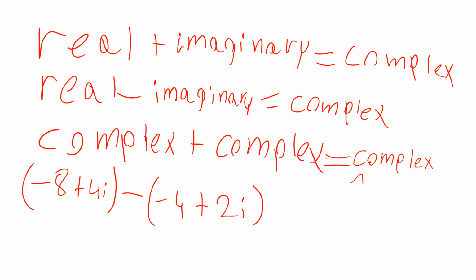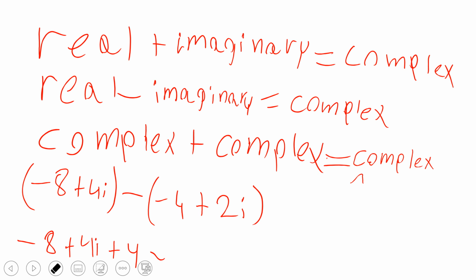So negative 8 plus 4i, we're going to deal with this first. This is just negative 8 plus 4i. We have a negative 1 here, negative 1 times negative 4, that's a plus 4. And the negative is going to impact this 2i, it's going to make it a negative 2i.